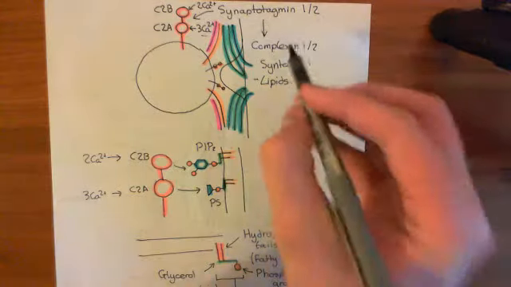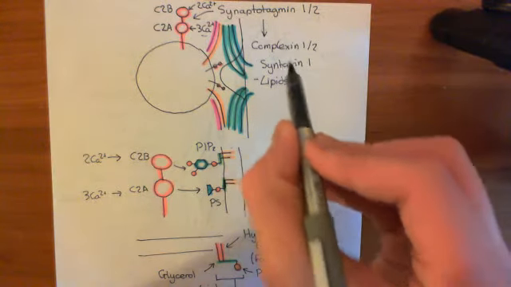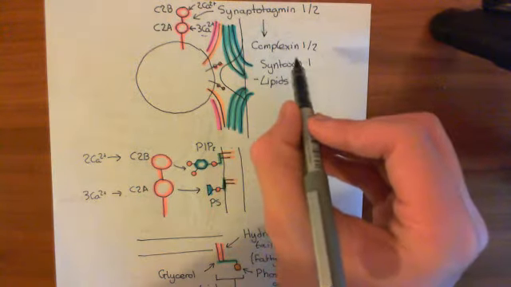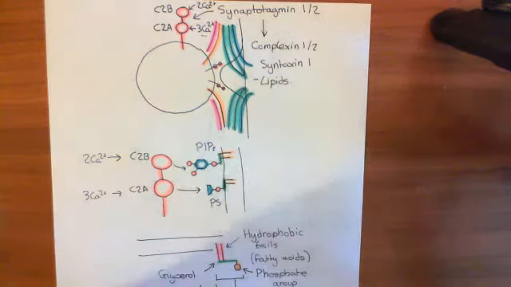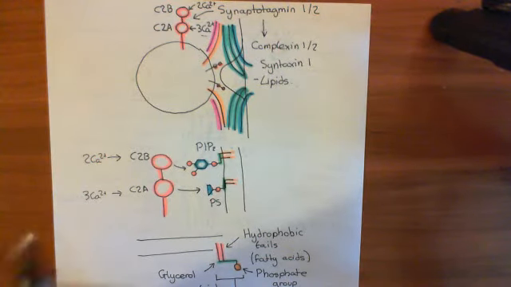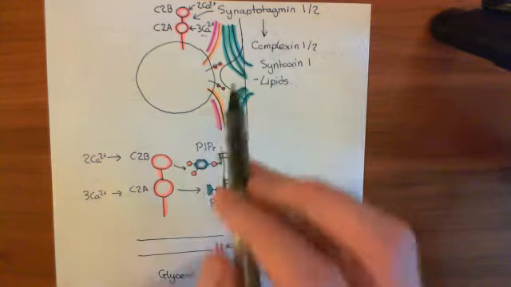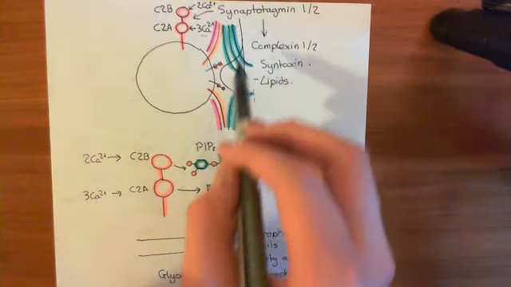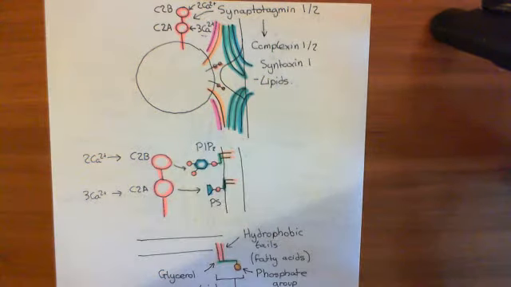But I want to stress, remember these knockout experiments that we're going to go into in more detail. You knock out complexin 1 and 2, and what happens is you get a 60 to 70% drop in neurotransmission. So this movement of the phospholipid bilayer is important, but the complexin interaction is also very important.